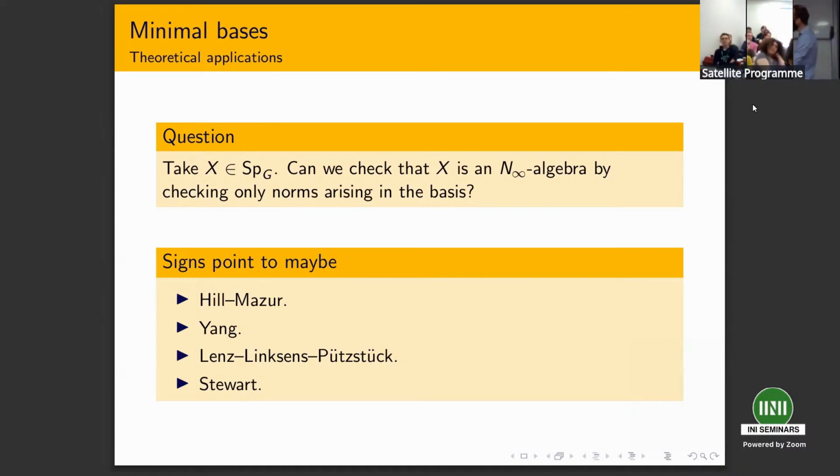And we saw on Monday, Natalie gave a talk and discussed the fact that if you take joins of the operads, then this seems to act nicely as well. So there seem to be certain theoretical signs pointing to yes, and I think this would be really nice if you just have to check basis elements for things. But I don't want to talk about this today, mainly because I don't really understand completely what's going on, and one shouldn't give talks about things that they don't know what they're on about.